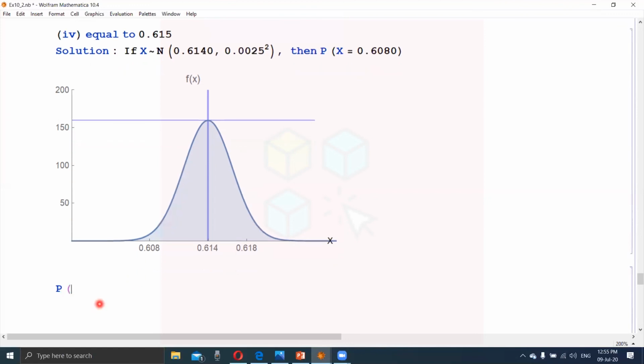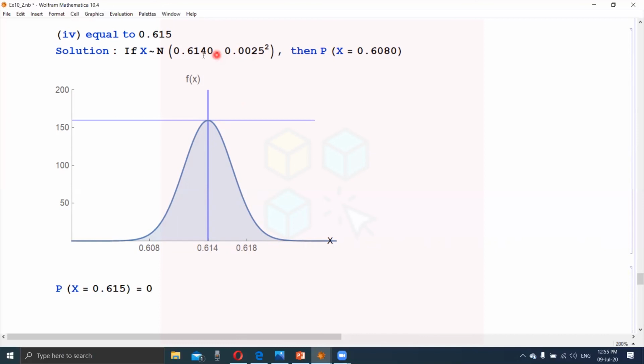But if we want to apply continuity correction, as in this case, in which 4 decimal places are required in the solution, so we have to mention 0.615 first in the figure.